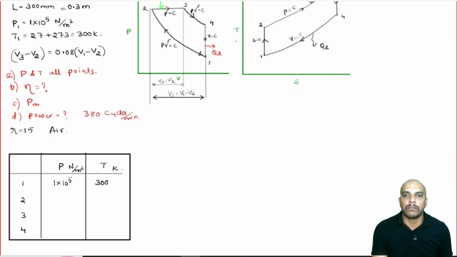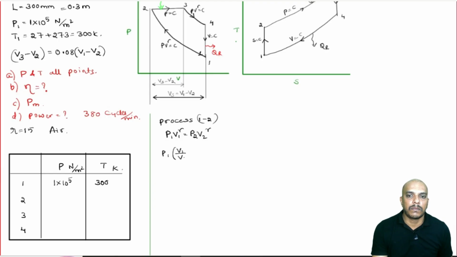Now, let us go for P2. In order to do that, we shall start with process 1 to 2. P1 V1 power gamma is equal to P2 V2 power gamma. Therefore P2 is equal to P1 into V1 by V2, that is r, power gamma.